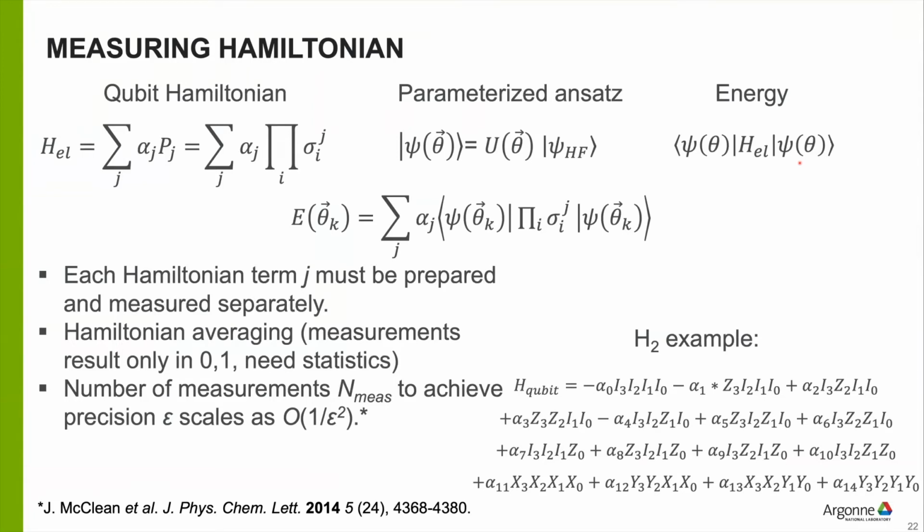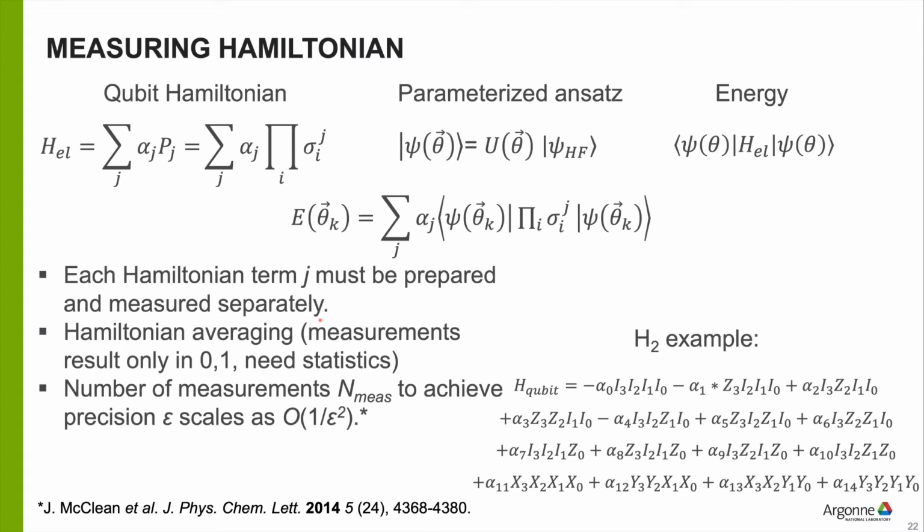So when we measure the Hamiltonian, the main difference from the classical devices is that when you measure the Hamiltonian on a quantum computer, you basically get strings of zeros and ones.